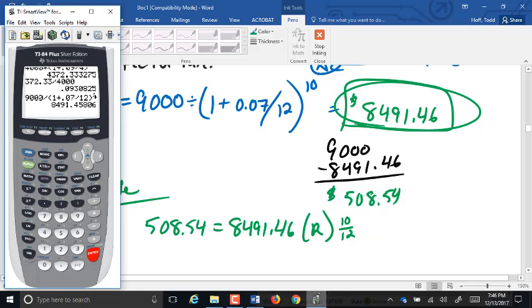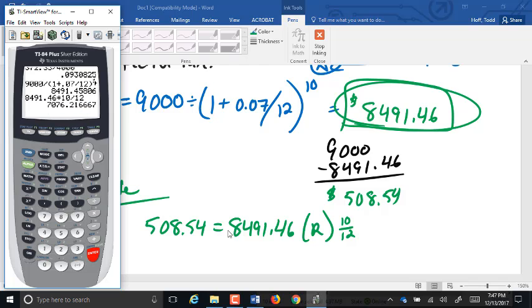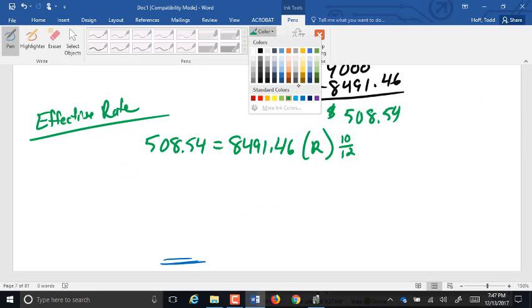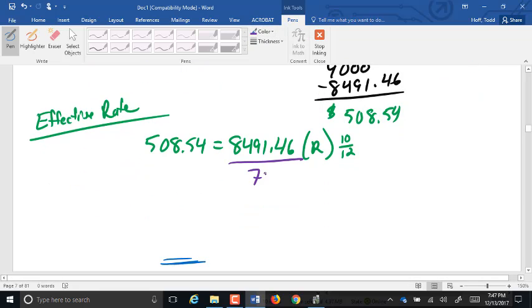So we have to take that 8491.46 times 10/12, which is 7076.22. So we're going to divide by 7076.22.